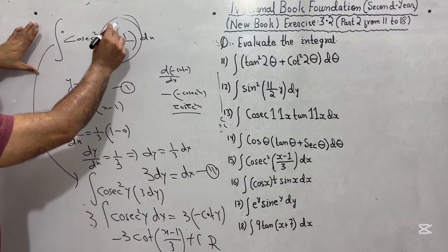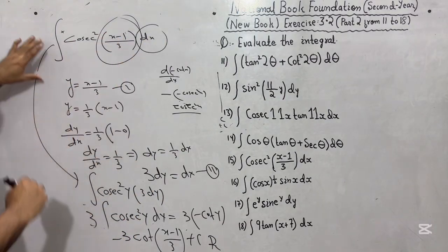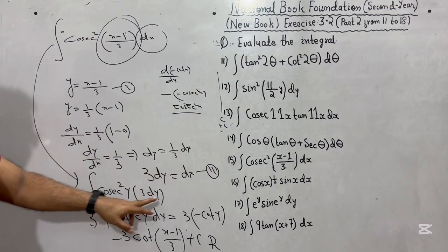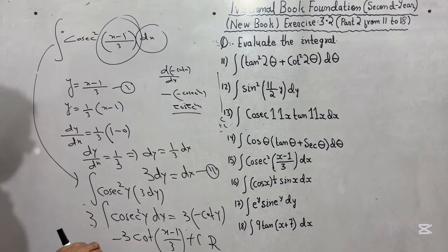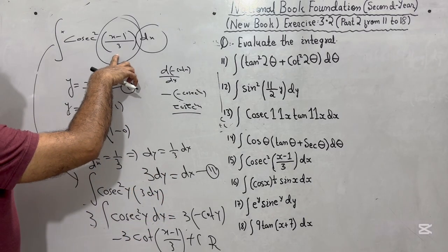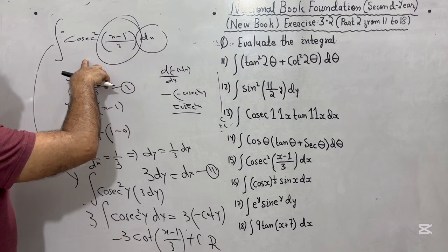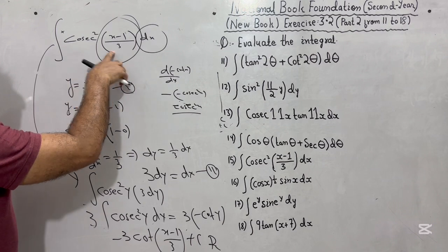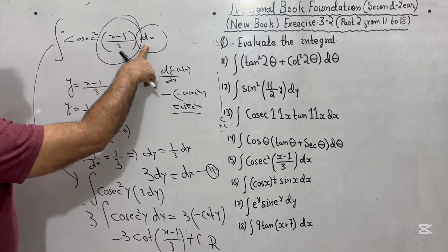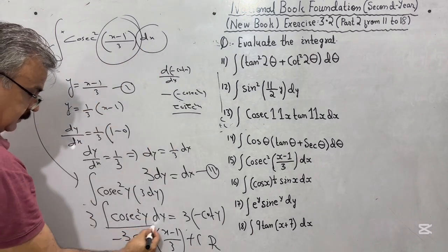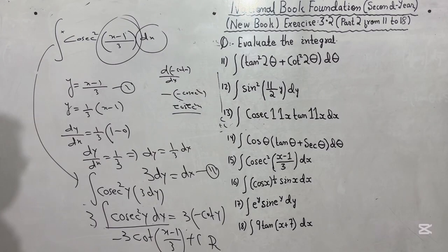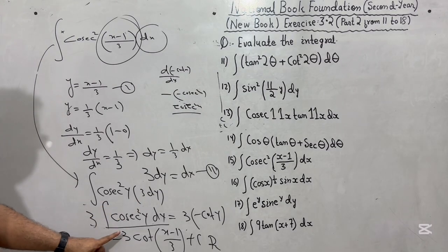Here we need the value of dx from the derivative. Shift 3 here, so dx is 3 times dy. I have put both these values. Instead of this, we get cosec square y, 3 dy, with 3 outside.